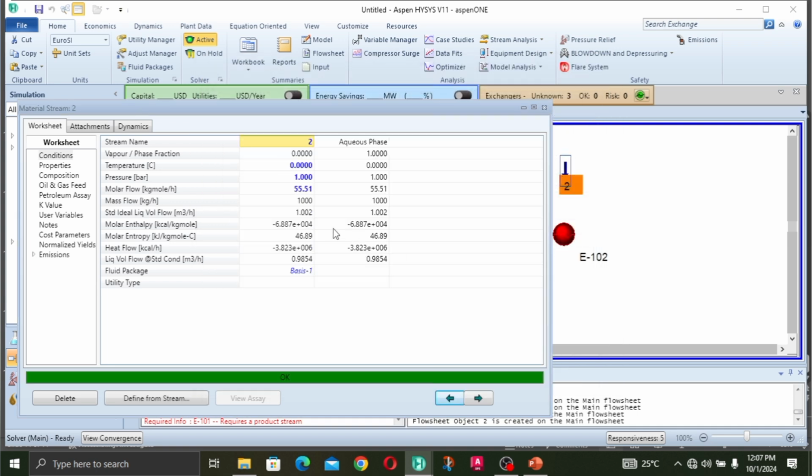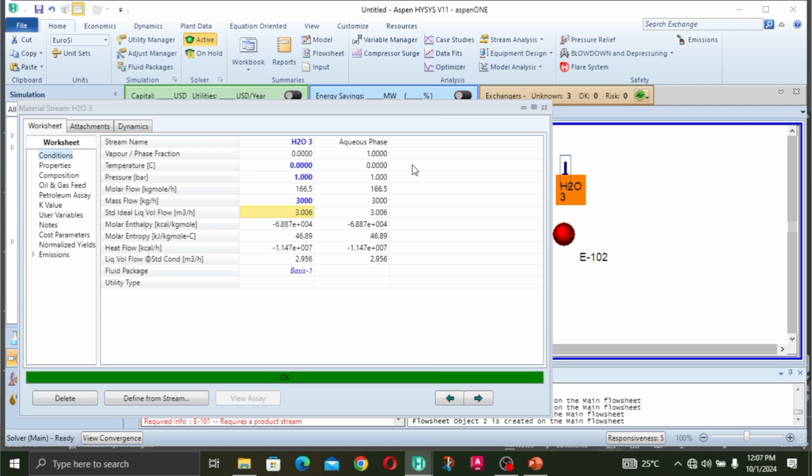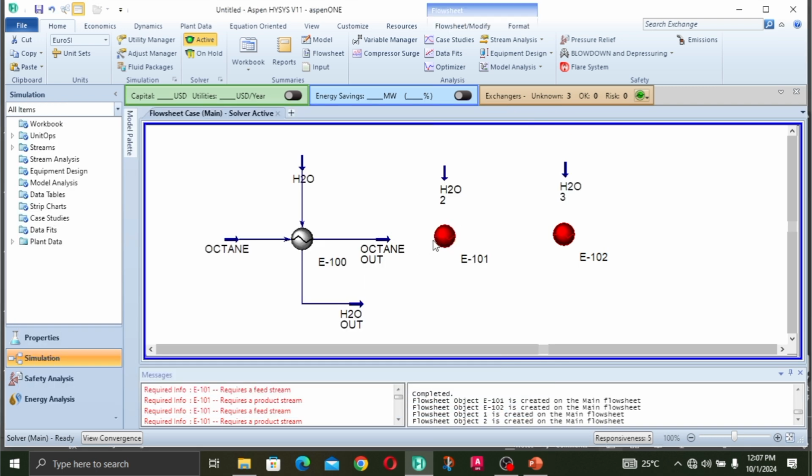This time around, instead of working at a mass flow rate of 1000 for the third stream, let's erase this and work at a mass flow rate of 3000 kilogram per hour. That's perfect.